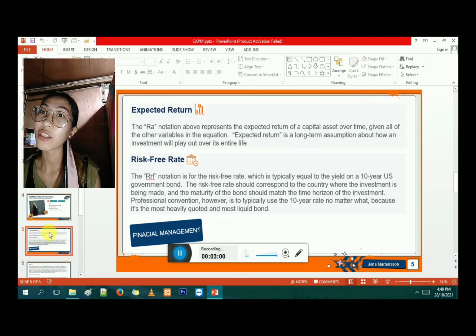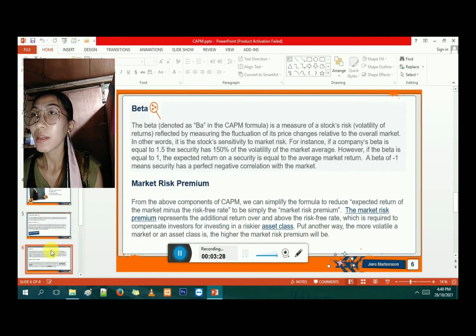The risk-free rate should correspond to the country where the investment is being made, and the maturity of the bond should match the time horizon of the investment. However, the professional convention is to typically use the 10-year rate no matter what, because it's the most heavily quoted and the most liquid bond.